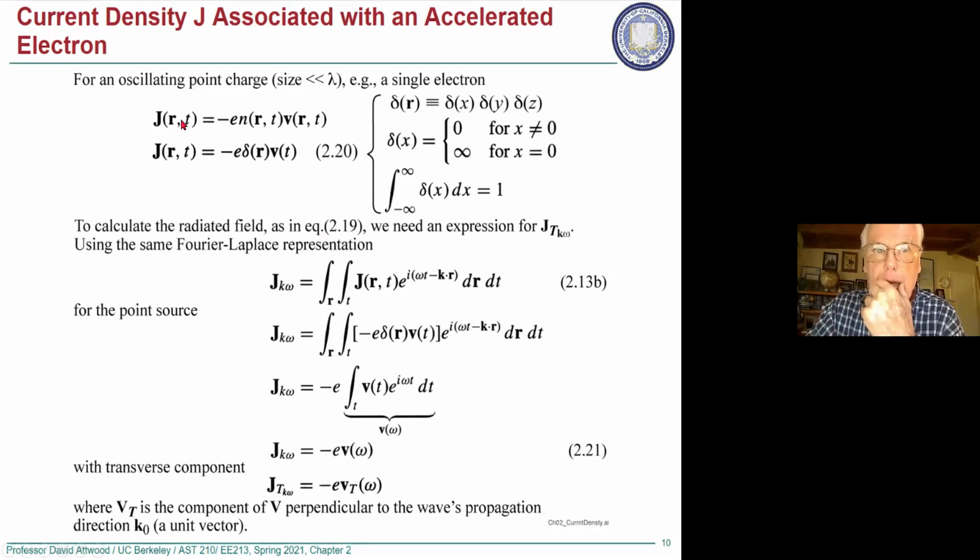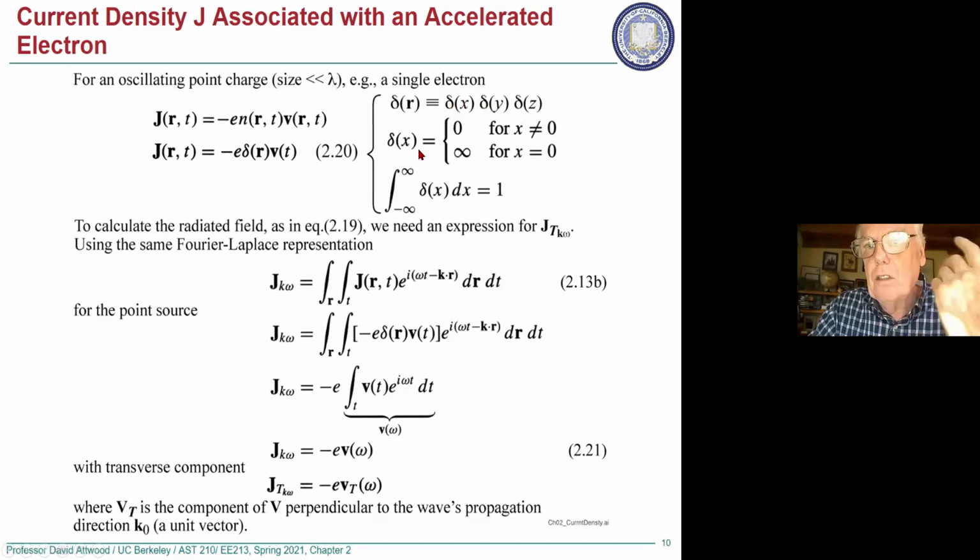And so we're going to represent the current density as J equals q n v, where n is the density and v is the velocity. q is minus e, that's the charge of the electron. n is the electron density, which for a point charge is going to be represented by a delta function in three dimensions. So this delta of vector r is defined as meaning delta x, delta y, delta z, or some other coordinate system.